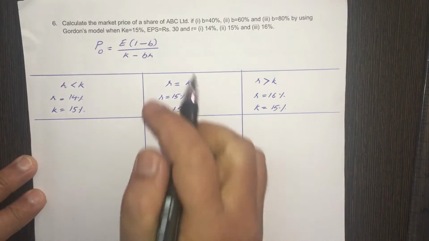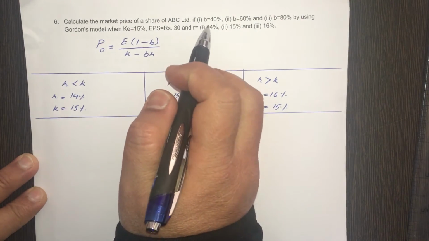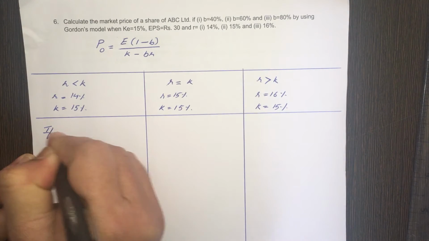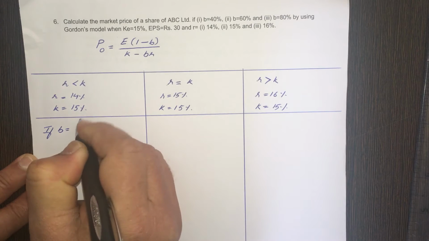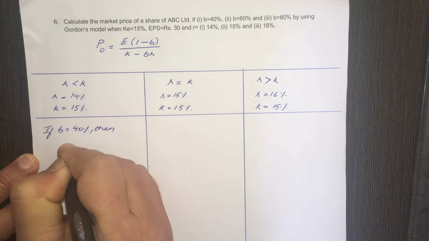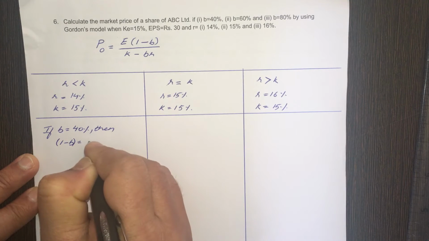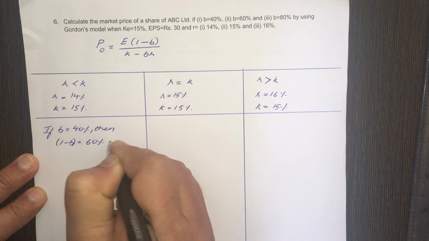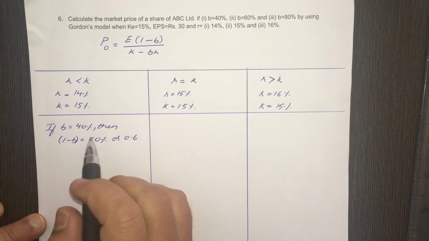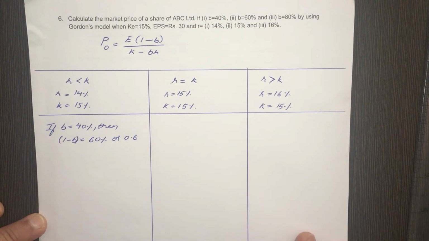Now, let's find out the current market price of the share if b is 40%. Then 1 minus b should be equal to what? It will be equal to 60% or 0.6, right? So 1 minus 40% will give you 60%.